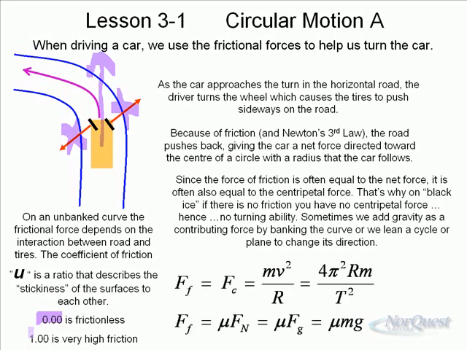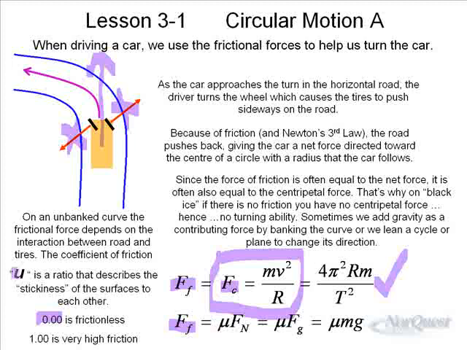So the force of friction that acts between two bodies, such as a car going through a corner on the road, is going to cause the centripetal force. The centripetal force, of course, is mv squared over r, or the other example we used was 4 pi squared rm over t squared. Now, this frictional force is equal to mu, which is the coefficient, as we mentioned, times the normal force.